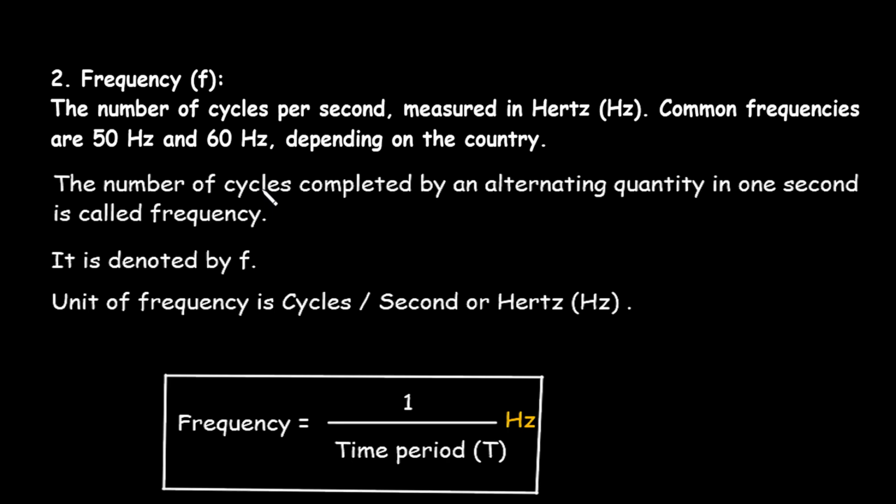The number of cycles completed by an alternating quantity in 1 second is called frequency. It is denoted by small f. Unit of frequency is cycles per second or hertz, which is represented by Hz.